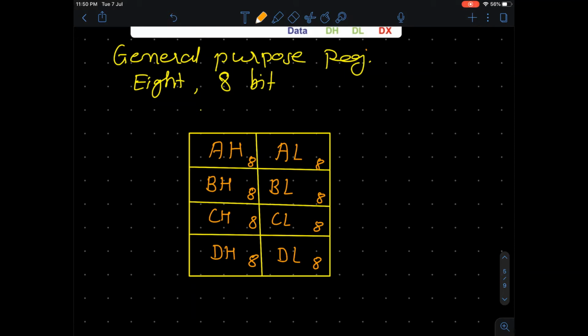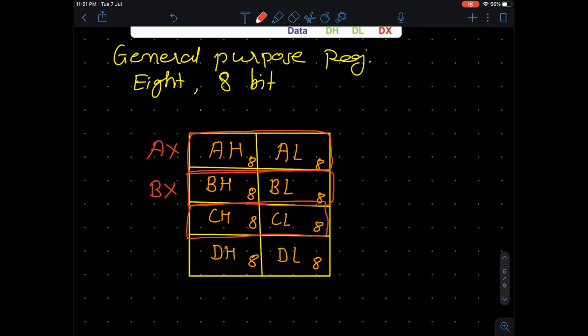Now when we require 16-bit operations, then the AH and AL registers together are referred to as the AX register. Similarly, BH and BL is referred to as the BX register.